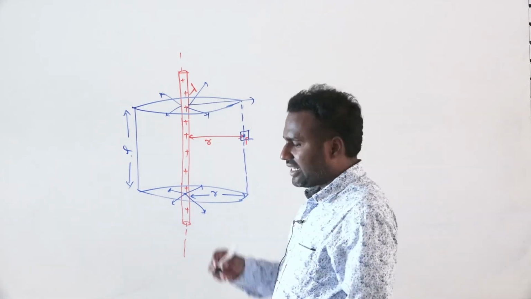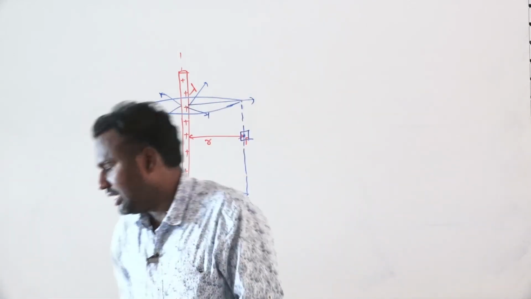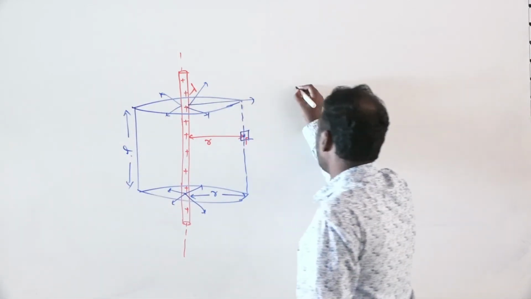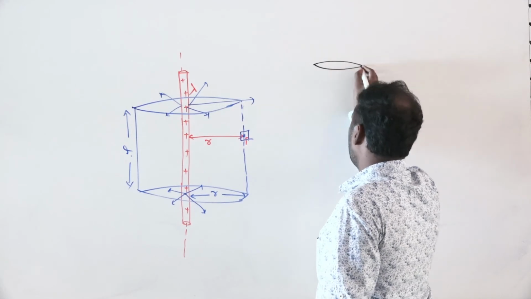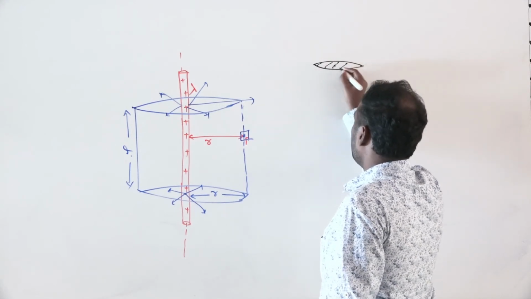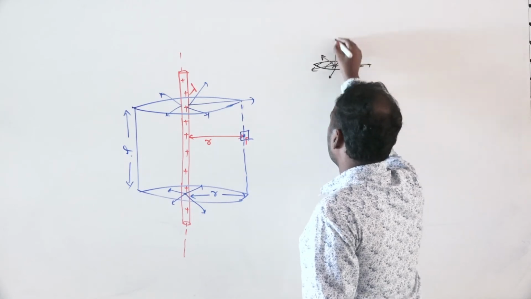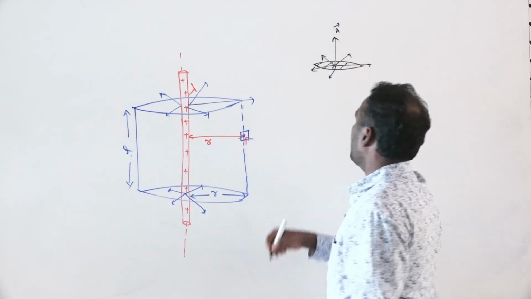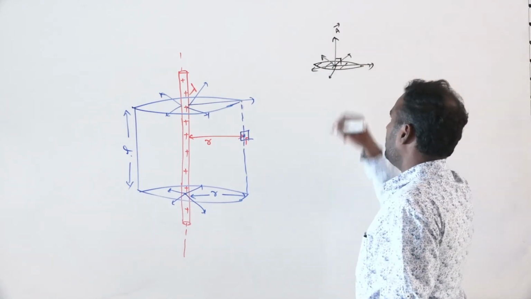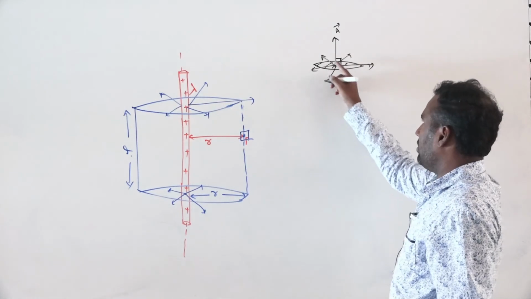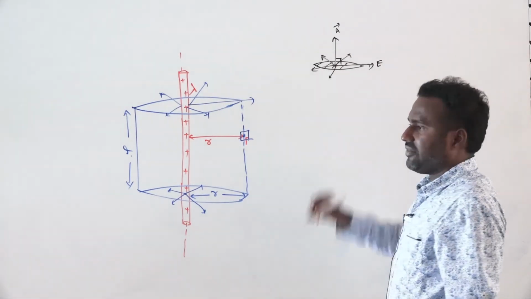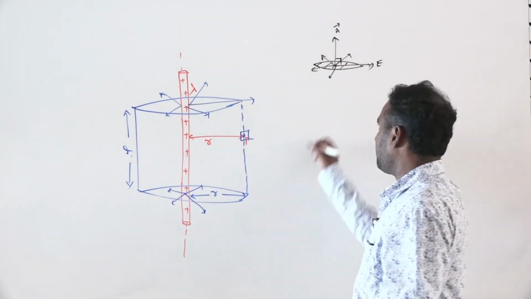If you assume the area vector for the top surface, it is outside, and the electric field is tangential. So the angle between the electric field lines and the area vector is 90 degrees.